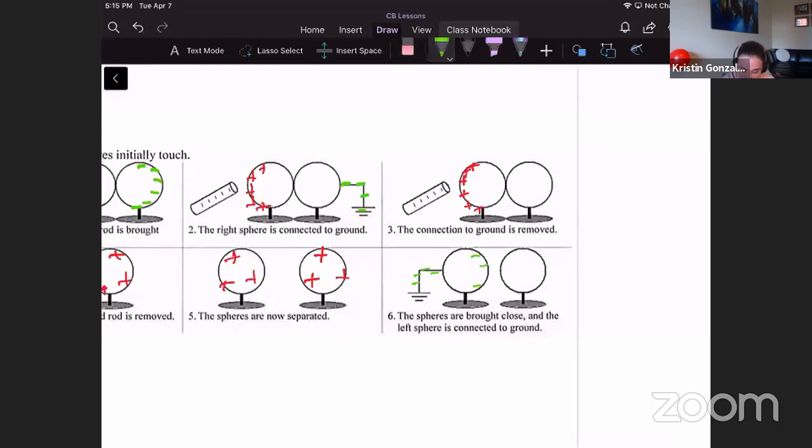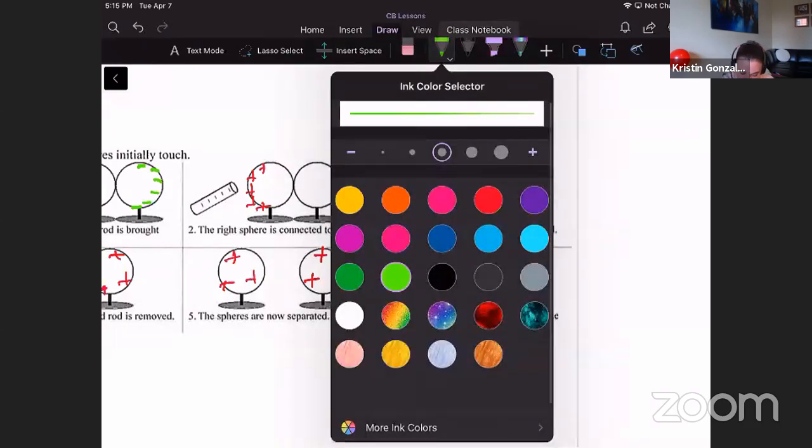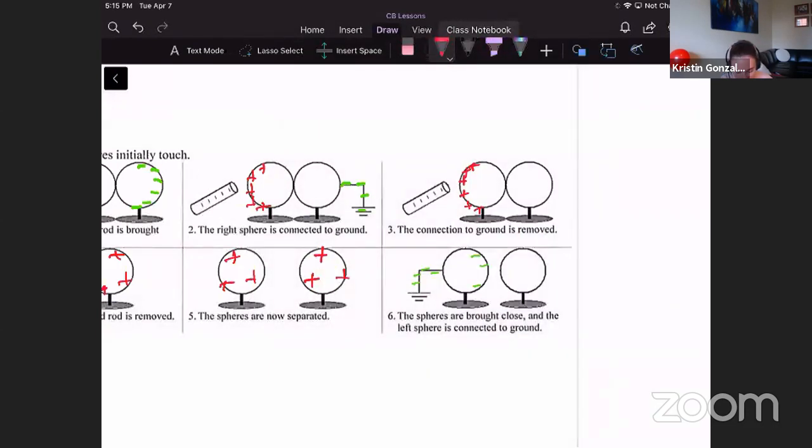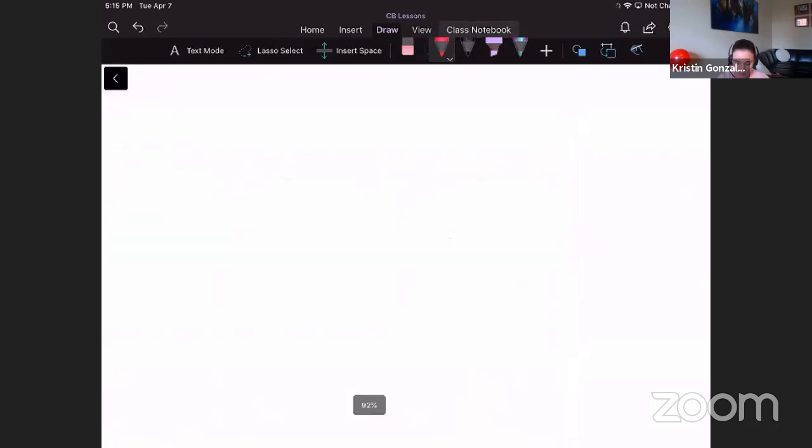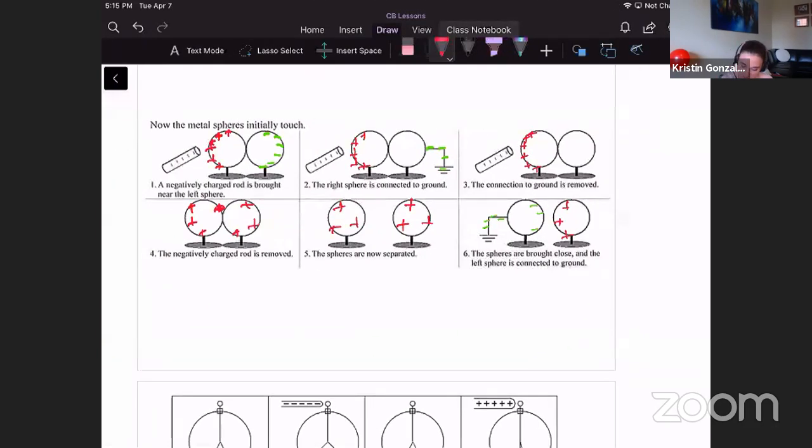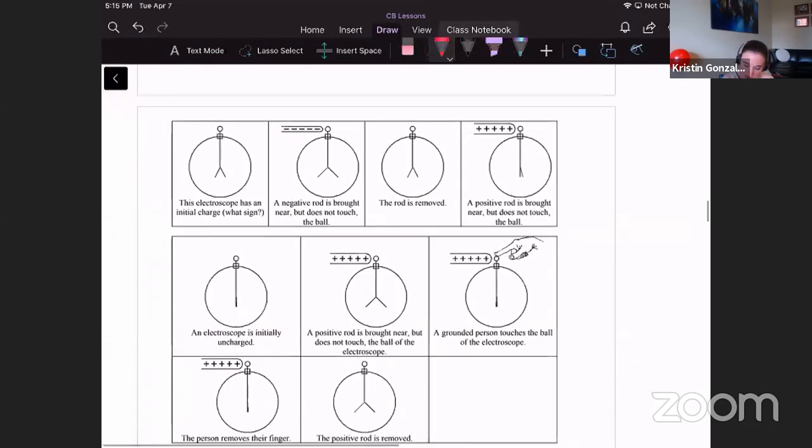And we're still going to have that right sphere. It's not touching anymore. Nothing's going on. That still has a positive charge, and that positive charge wants to be close to that negative charge. So introducing that ground allows those electrons to flow either in or out of your material to create those neutral or same potential of the objects.